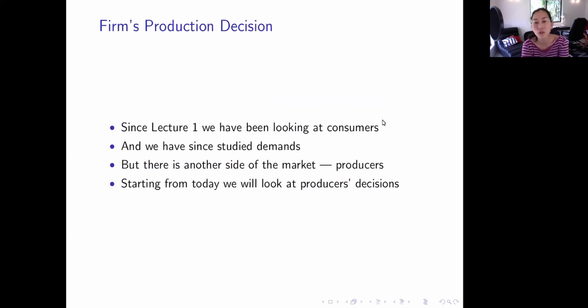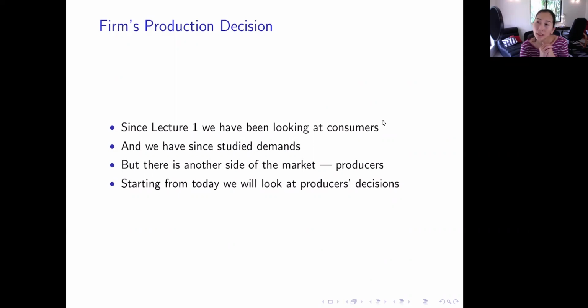So since lecture 1, we have been looking at the consumer theory side, and we have studied the demands, right? Lots of Hicksian and Marshallian demands and all of those things. And how the consumer chooses the optimal bundle either based on the utility maximization problem or expenditure minimization problem.